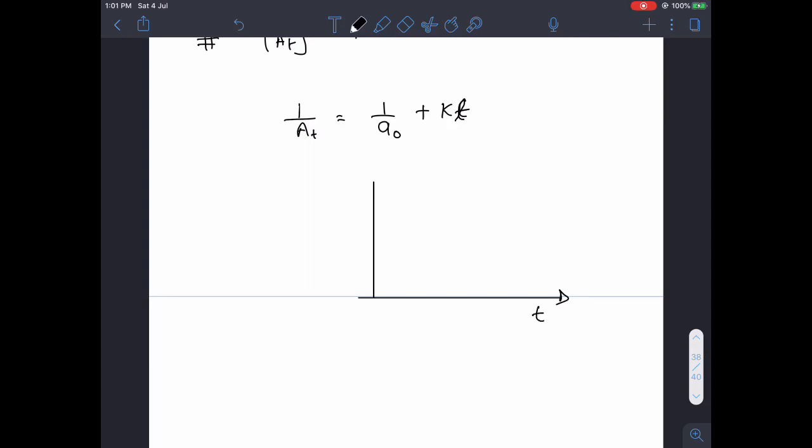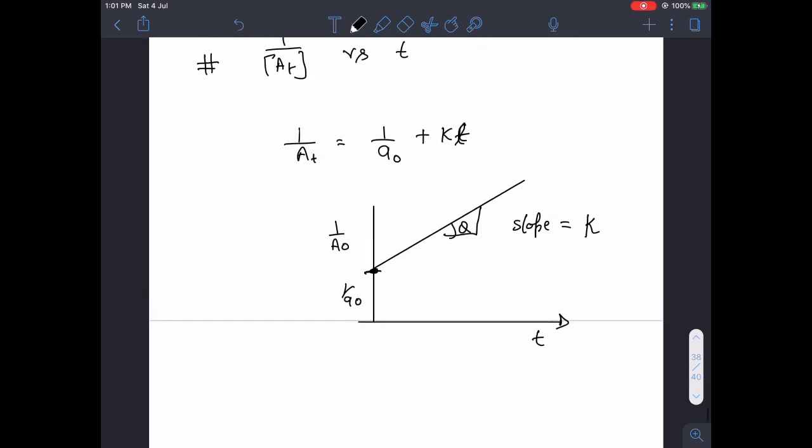This side t is there, and this side what? 1 upon A. So the graph of 1 upon A is having a positive slope, and the intercept is, this value is 1 upon A0, and the slope of this graph, which is tan theta, and that is equal to rate constant k.